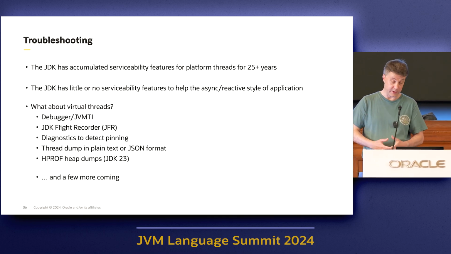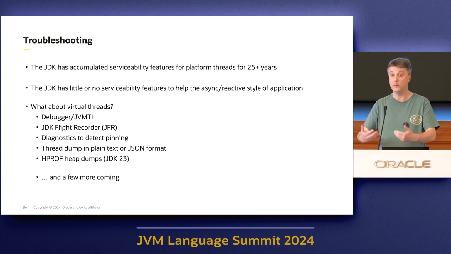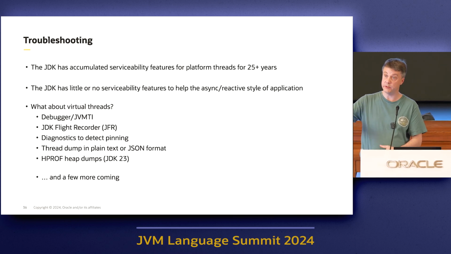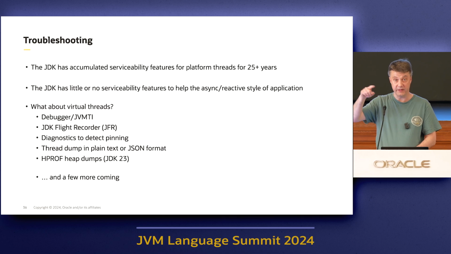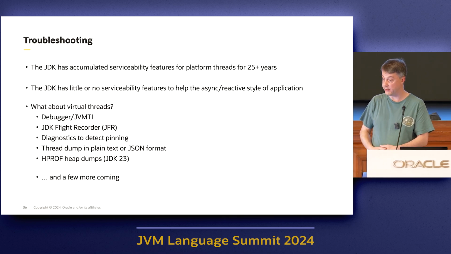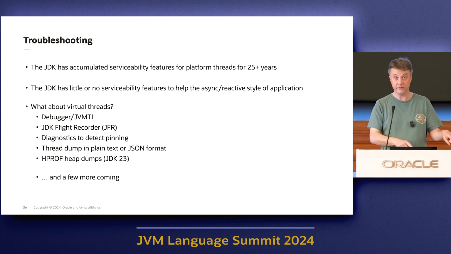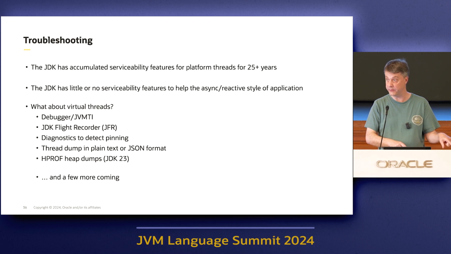We have actually been working on this for quite some time. Even what we brought into JDK 19, 20, and 21 has been quite a lot of the pieces that go with diagnosability. We spent the serviceability budget twice over getting the debugger support in there.